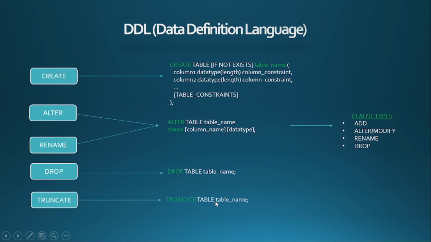TRUNCATE table name. If we want to delete the data inside the table, we will use the TRUNCATE command. So what is the difference between DROP and TRUNCATE? DROP will completely delete the structure of the table and the data of the table.